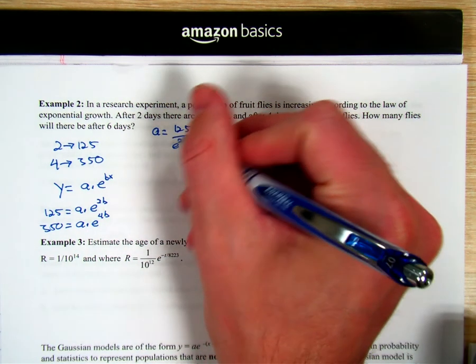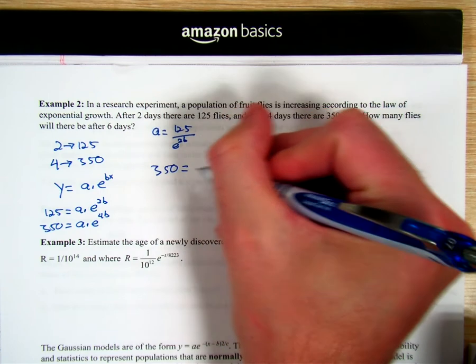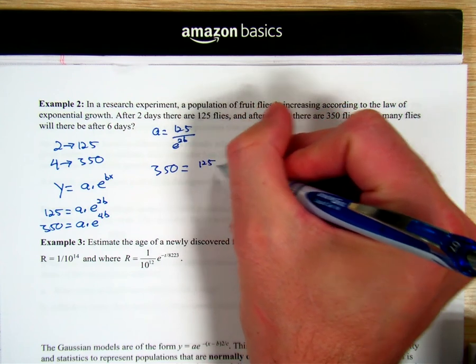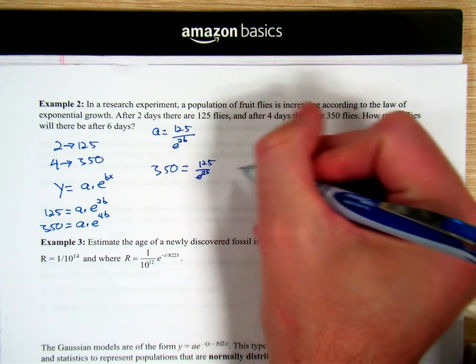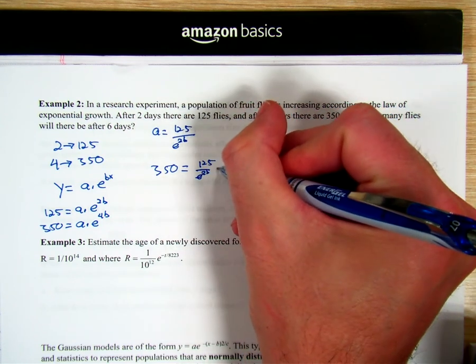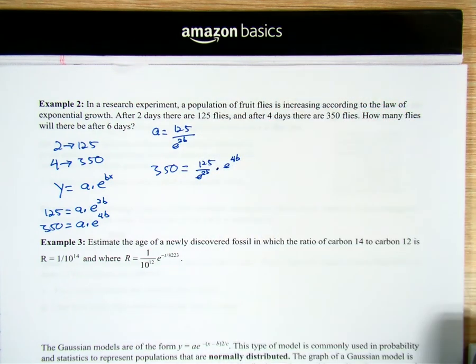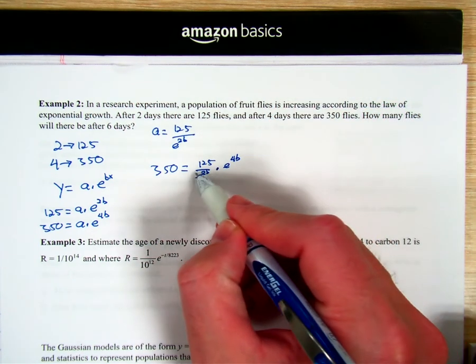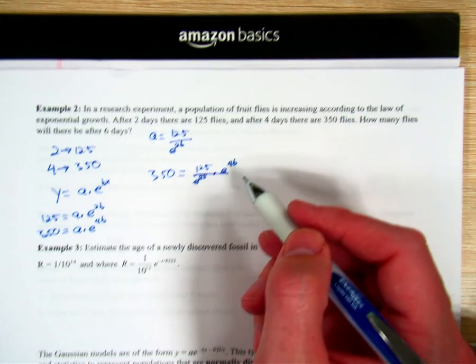Okay, so let's substitute this in for a in the other one. 350 equals 125 over e to the 2b times e to the 4b. Well, we have e to the 4b on top, e to the 2b on the bottom.